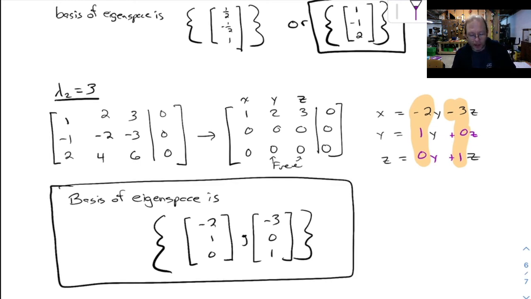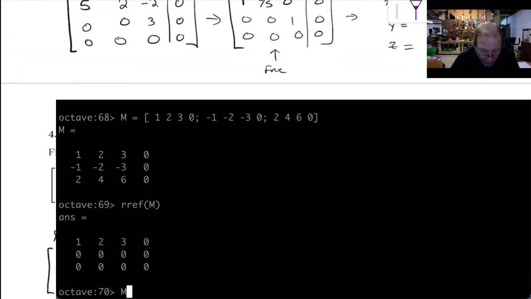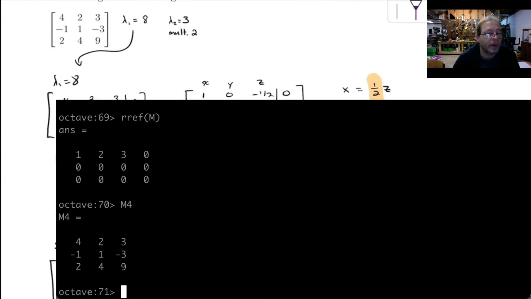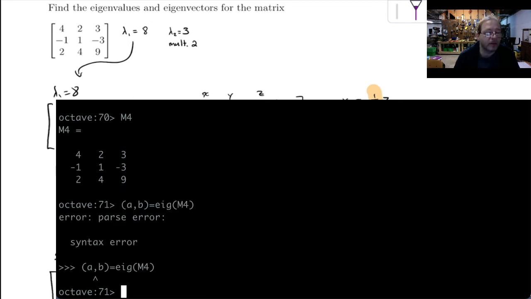All right, and with that, we're done with this example, but I like to play with these things, so I'm going to play with it for a minute with Octave. Let's see, this matrix, I think it's called M4. Yeah, there it is, M4. First up, before we do that, let's look at this.